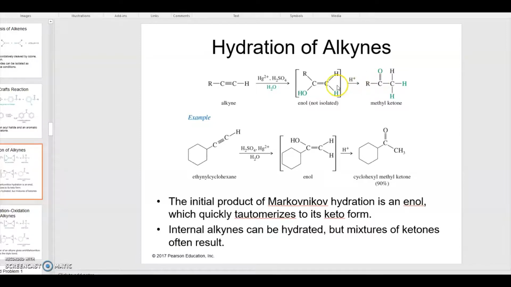And as you can tell, in order for this tautomerization to happen and the compound to change to the ketone, we need to add acid to the mixture to move the equilibrium toward the ketone, because these two exist in equilibrium. And this is called synthesizing ketone from alkynes with the Markovnikov orientation.